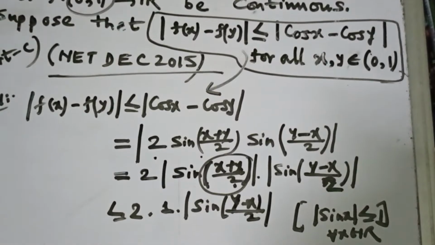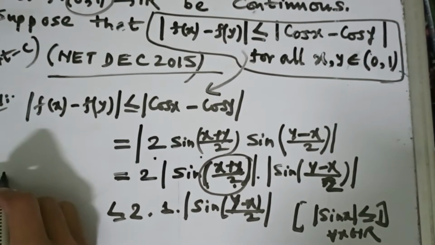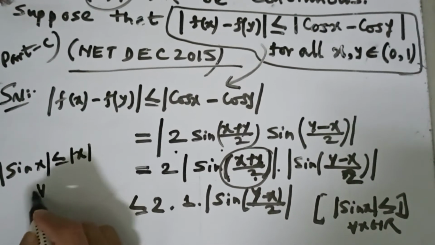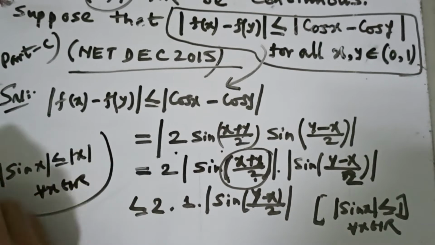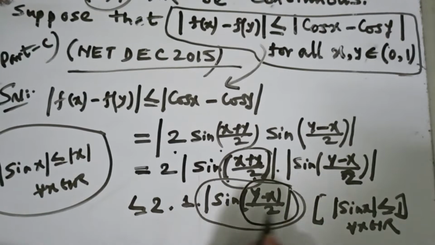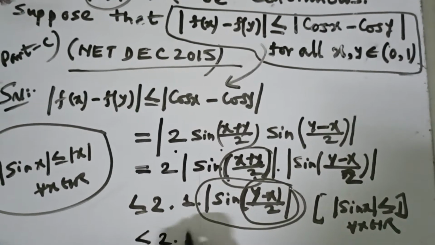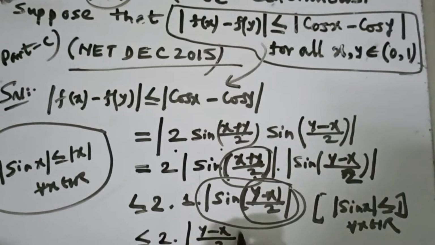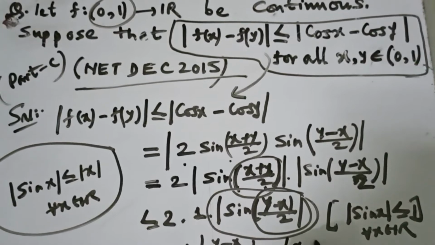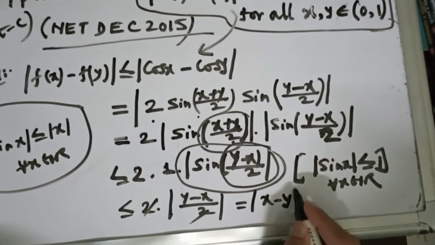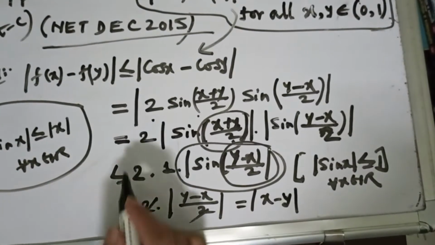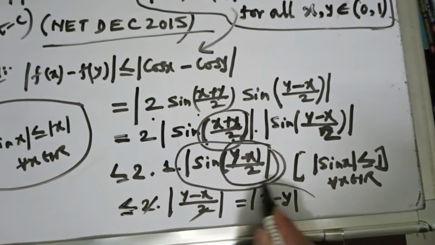Now there is one more result: |sin x| is always less than or equal to |x| for x belonging to R. So if we apply here, we get |sin((y-x)/2)| less than or equal to |(y-x)/2|. The modulus of y minus x is the same as the modulus of x minus y, so we get less than or equal to |x-y|.